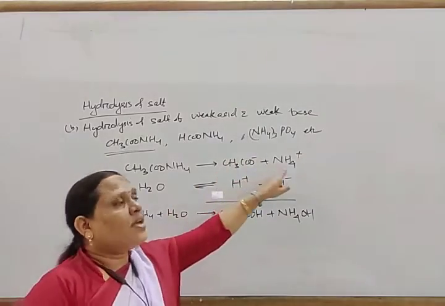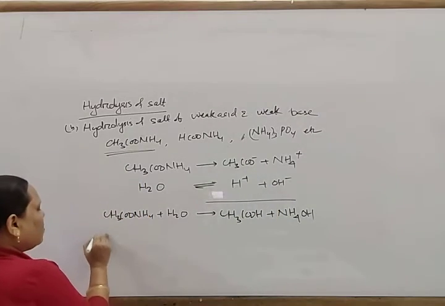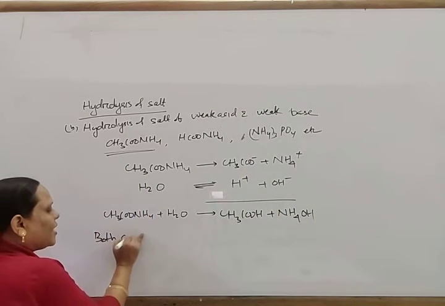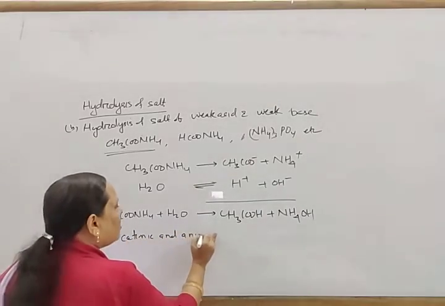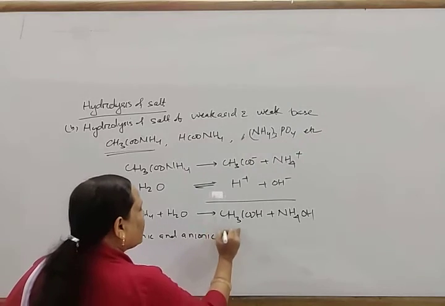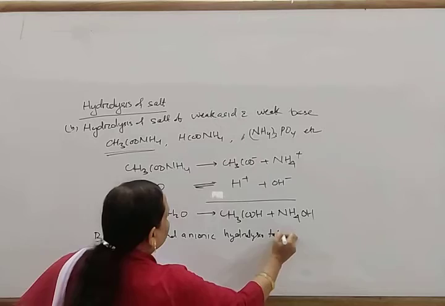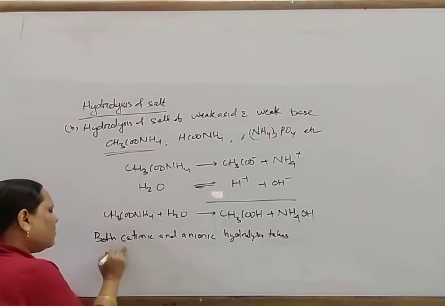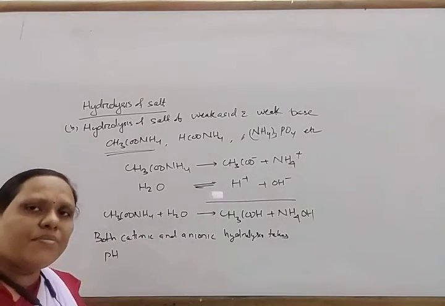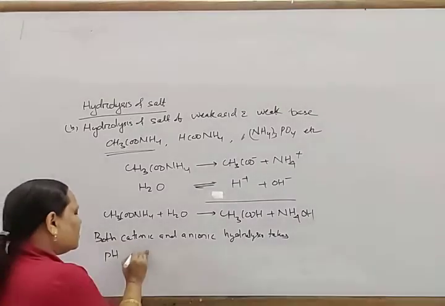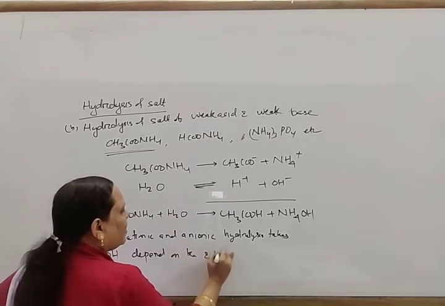So what type of hydrolysis? Both the cation and the anion undergo hydrolysis, so both cationic and anionic hydrolysis take place. And what is the pH value? The pH value may be greater than 7 or less than 7, depending on Ka and Kb.